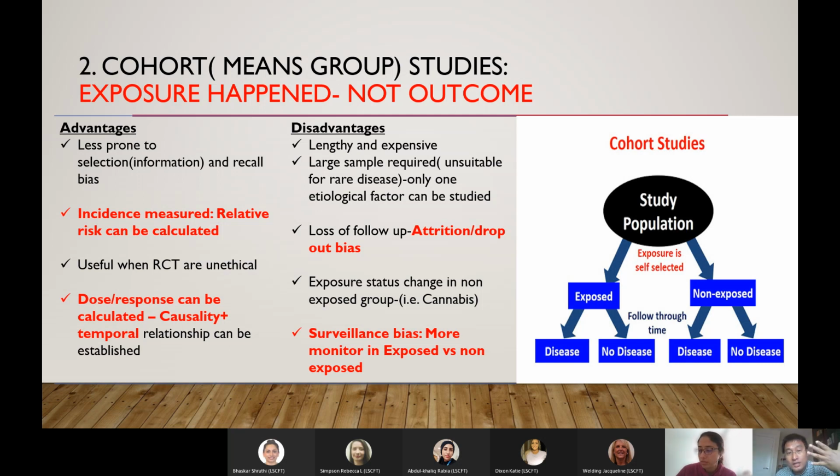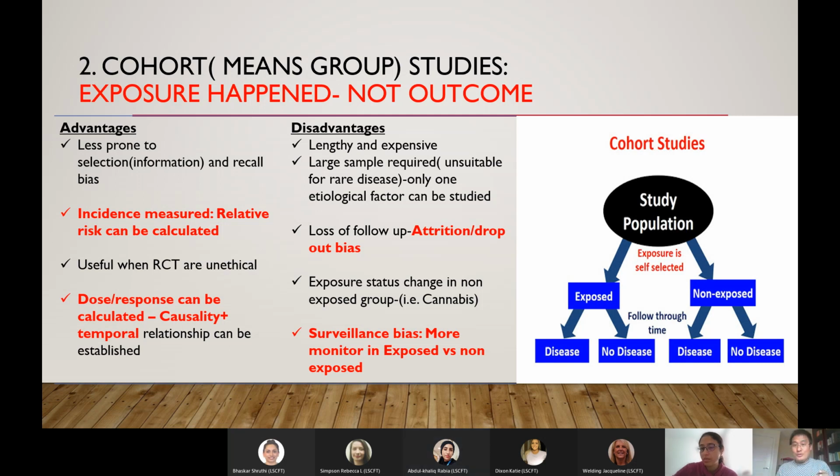Which of the studies has more risk of dropout or attrition bias? Exposure happened, outcome has not happened. Cohort. And from which study can the relative risk be calculated? Cohort again.